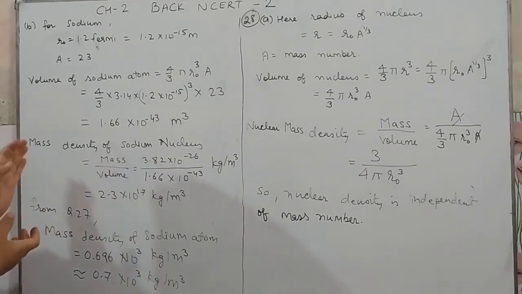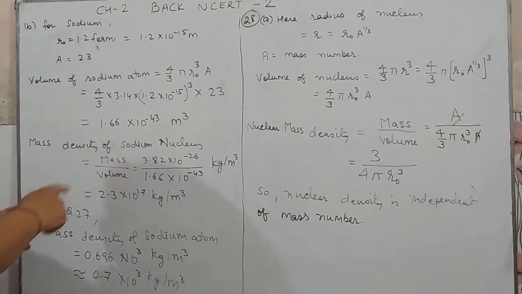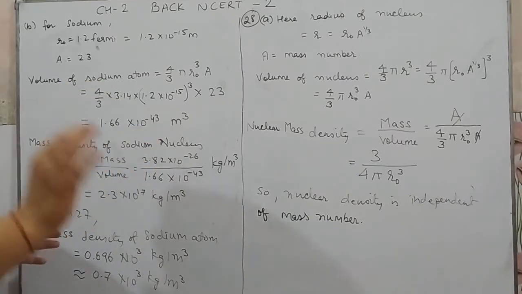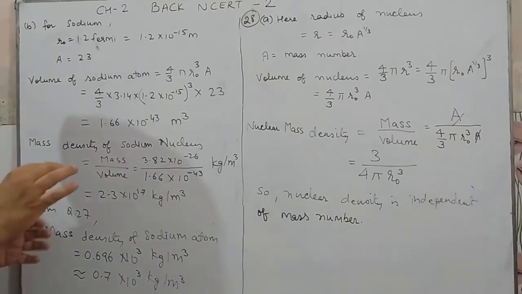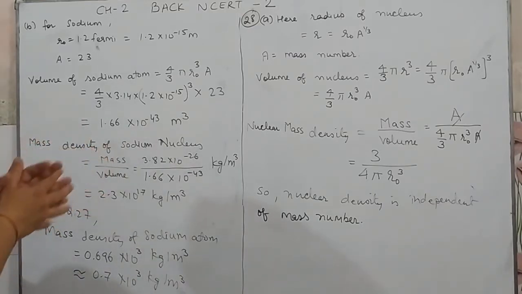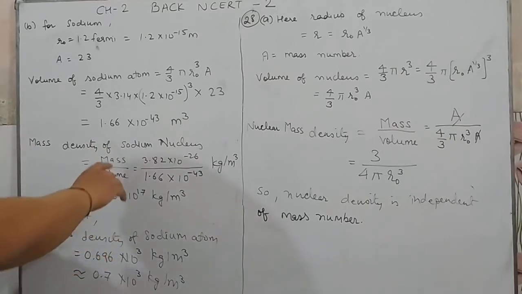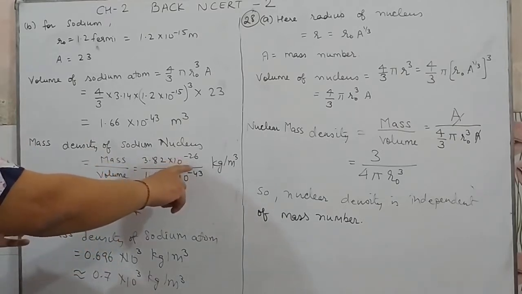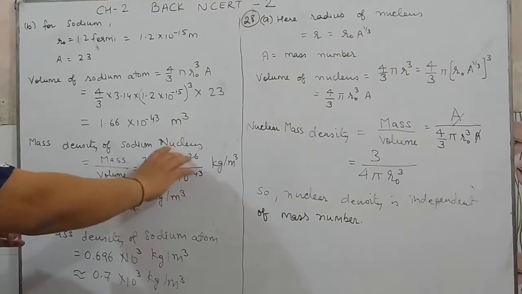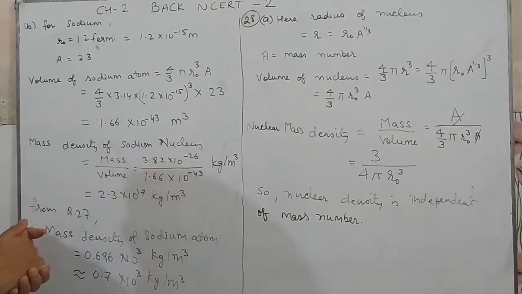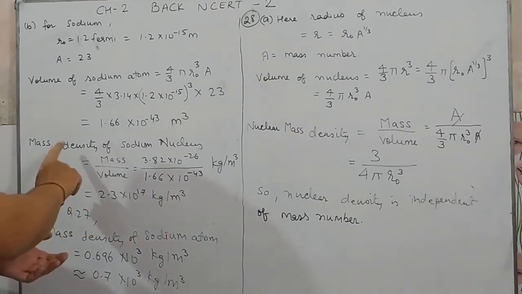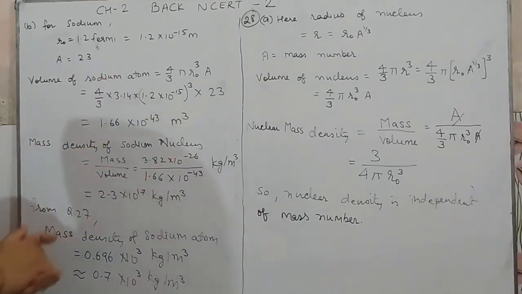Next is the mass density of the sodium nucleus. The mass of the sodium nucleus is found by mass upon volume. One thing you need to keep in mind is that while taking the mass of the whole nucleus, we are ignoring the mass of the electrons because it is too low. So you simply write mass is this, volume is this, and dividing gives 2.3 × 10^17 kg per meter cube, which is the mass density of the sodium nucleus.